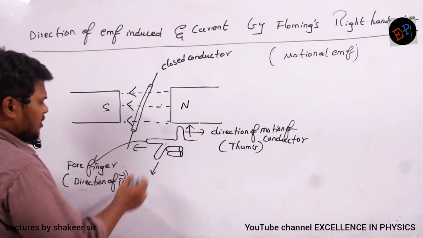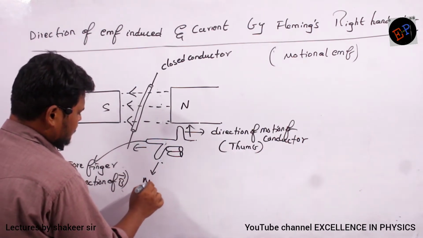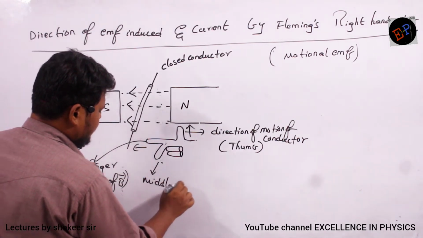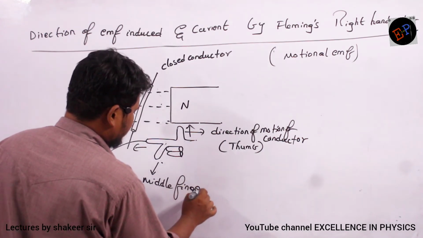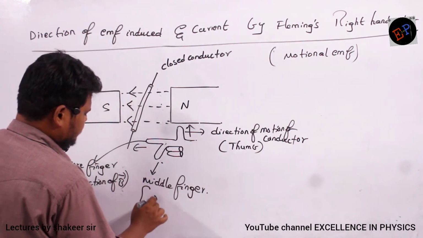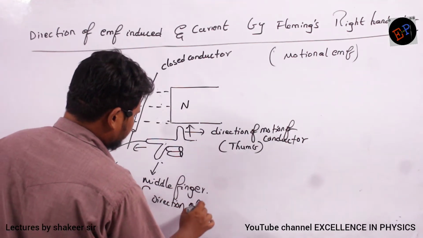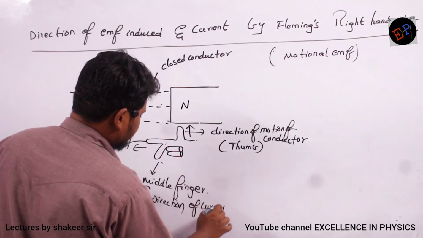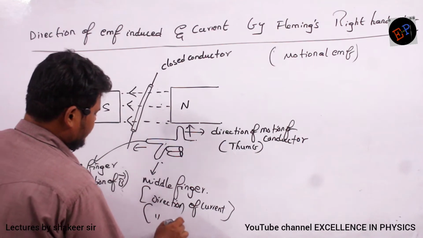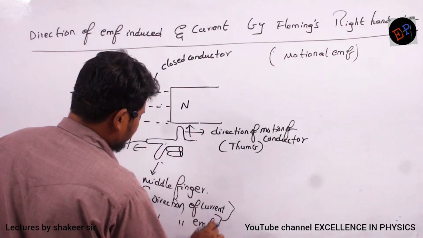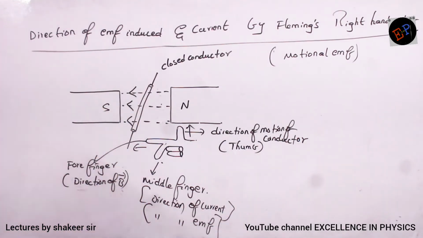And this middle finger, it gives direction of current. Direction of current and EMF both are same. Direction of current, or you can say direction of EMF also. Current will flow in the direction of EMF only, no? That is Fleming's right hand rule.